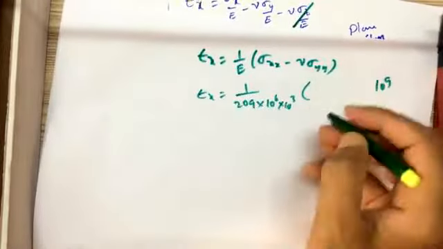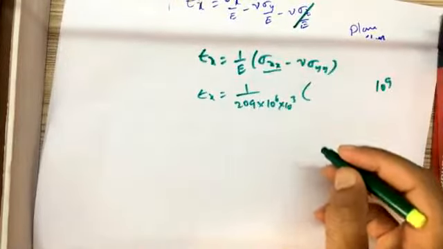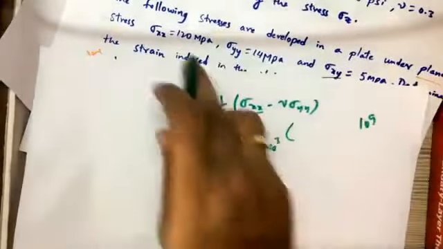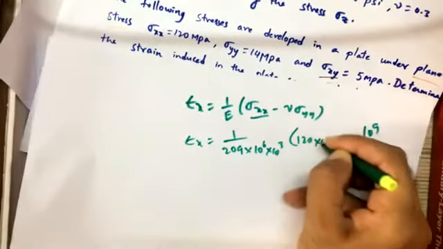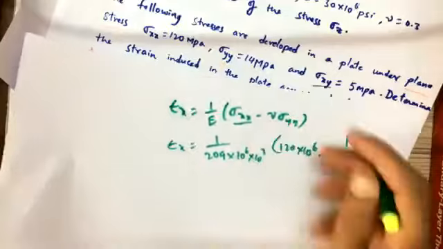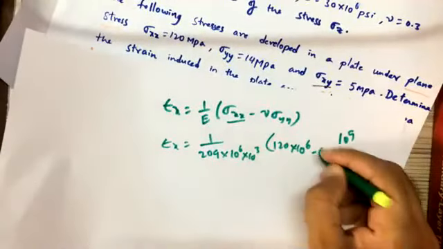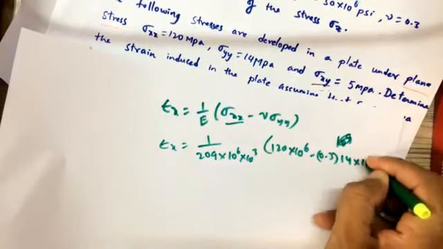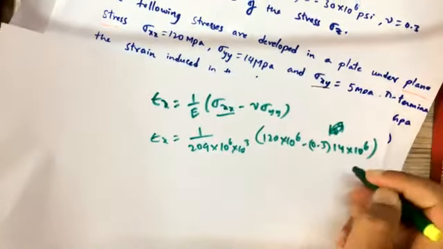Why I wrote it this way, I'll tell you. What is sigma xx in the problem? 120 megapascal. So 120 into 10 to the power of 6, minus nu 0.3 into sigma yy, which is 14 megapascal, 14 into 10 to the power of 6.